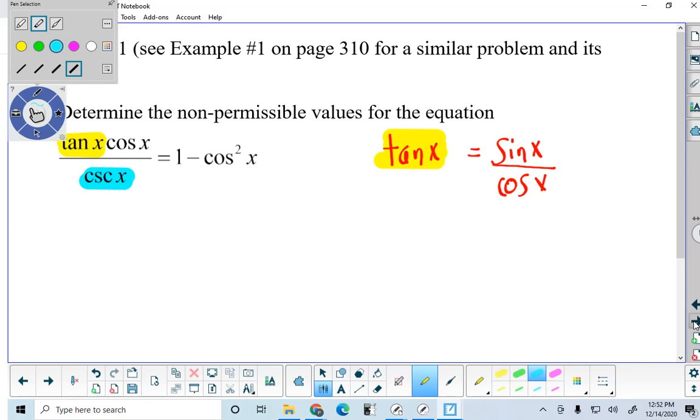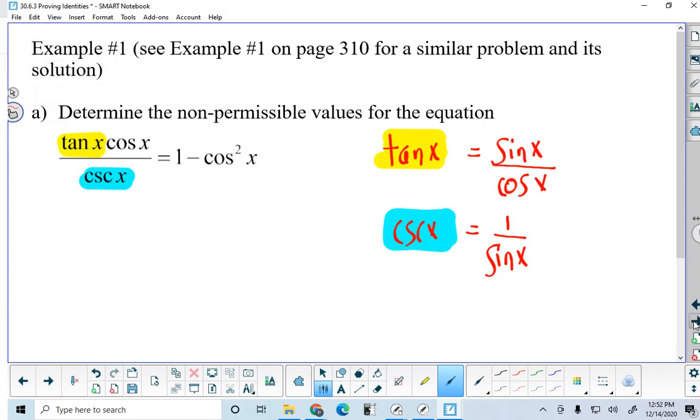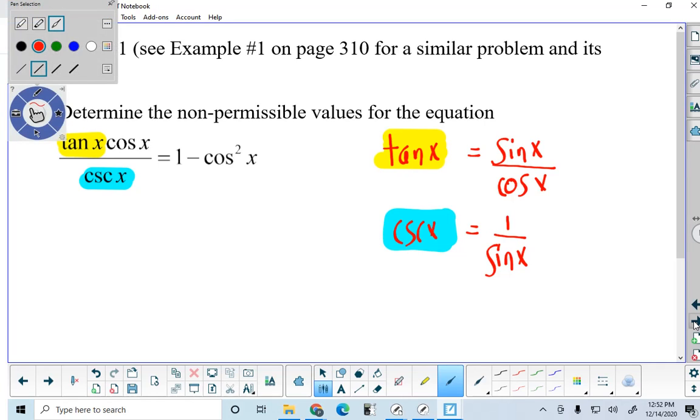At the same time, I know something about what cosecant of x is, and what cosecant of x is, the reciprocal of sine of x. So what I'm doing is identifying denominators so that I can see what is not allowed to be 0. This thing is not allowed to be 0.